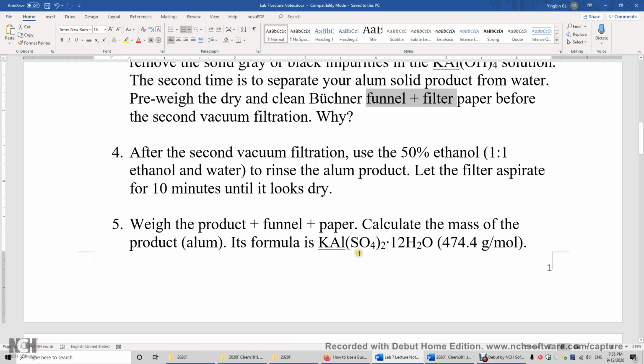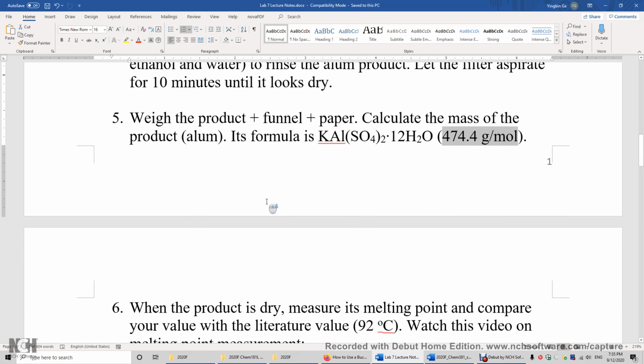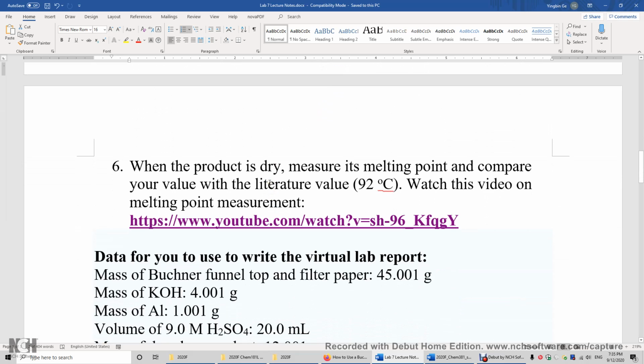The formula of the alum product is here. Its molar mass is 474.4 gram per mole. You will need to use this number in your calculations. When the product is dry, we can also measure its melting point and compare your melting point with the literature value.